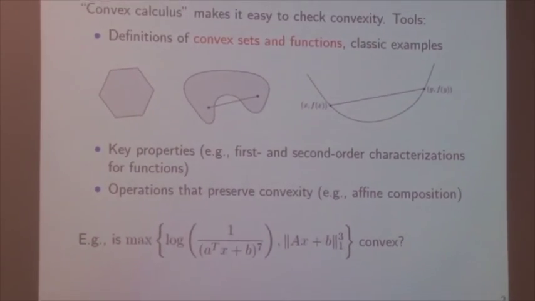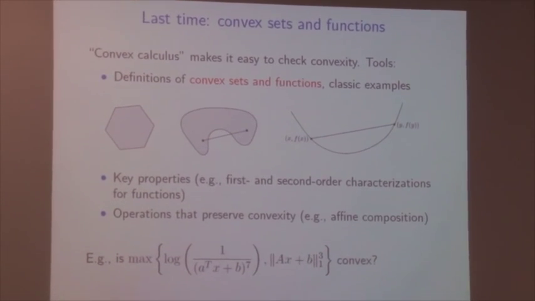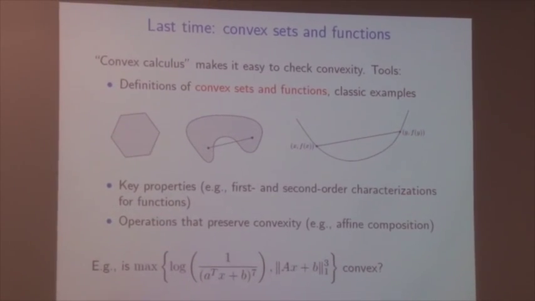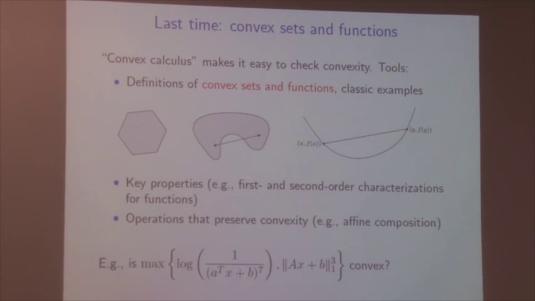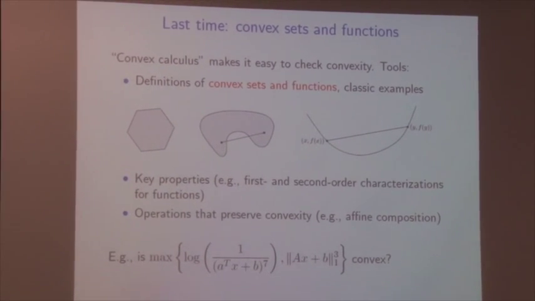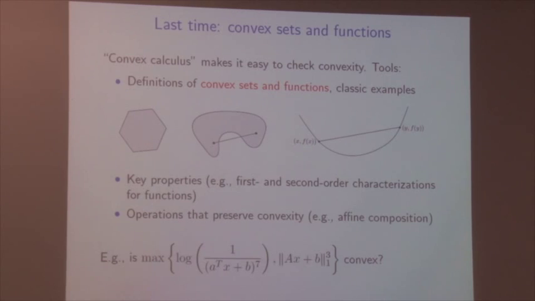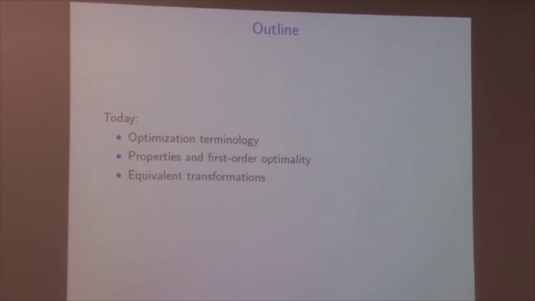I meant for the log. Oh, you meant for the log guy. Sorry, there's too many A's and B's in this one. Sure, it would need to be in the domain of log. It would need to be successfully evaluated by the log. Other questions? Okay, cool. So that's what we did last time.